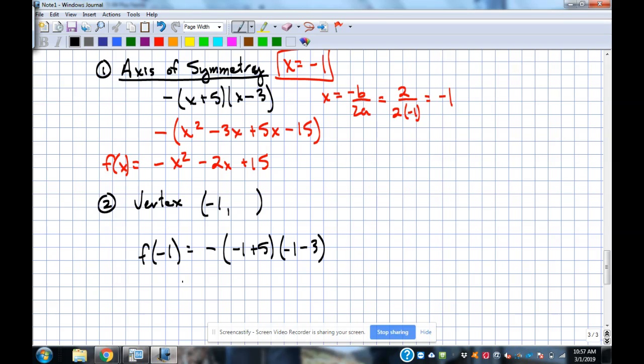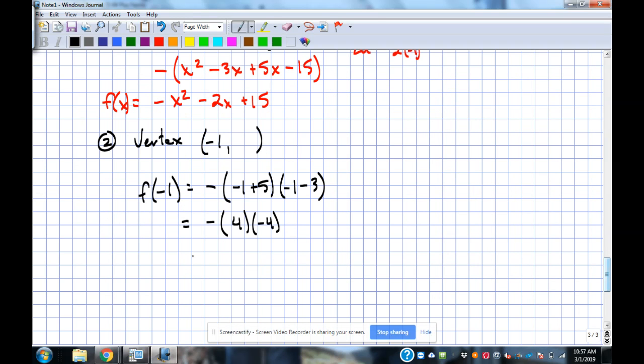So we're just working out that math. So that'd be 4 times -4. So that'd be -16 times -1, +16. So our vertex is at -1, 16.